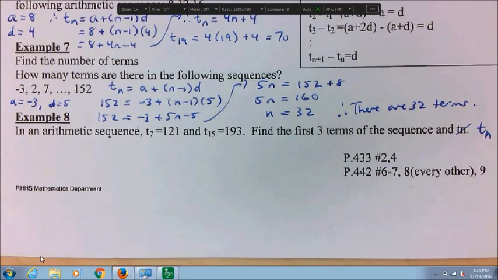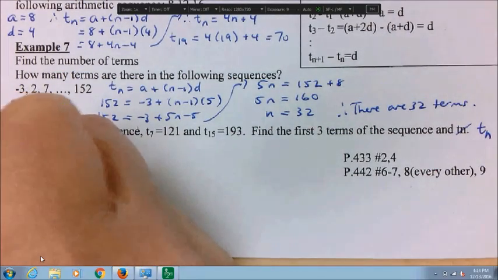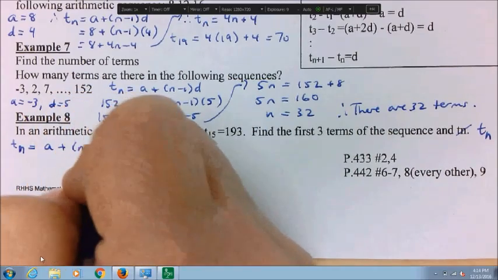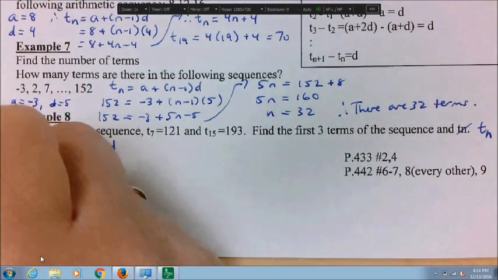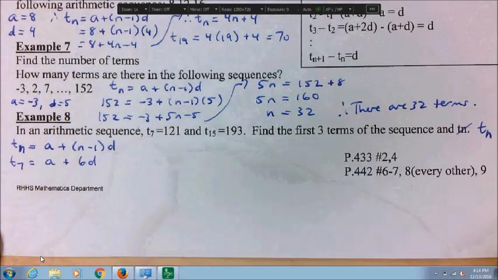Okay, so what we're going to do is write out what we know. We know that T7 is 121, but let me write the general formula: Tn equals a plus (n minus 1)d. So T7 is going to equal a plus 6d, right? Because n is 7.